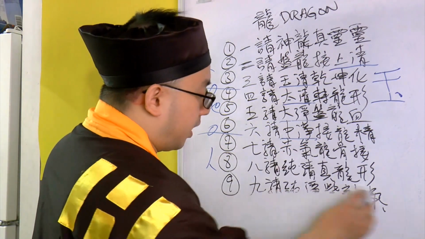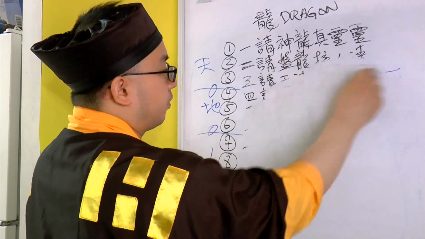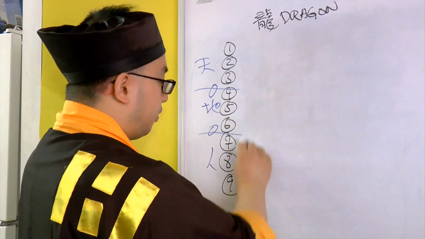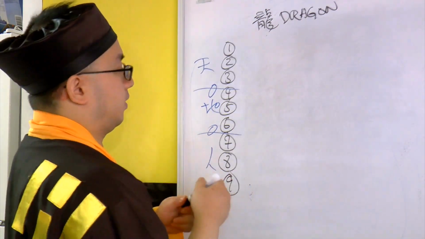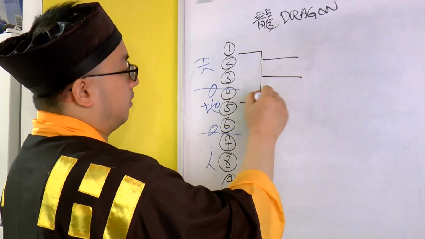The real Saam Ching is actually the theory of the 2, 3, and 4 stages. The stage 2, 3, and 4. Okay. Now let's bring out the 2, 3, and 4. Saam Ching, this one.